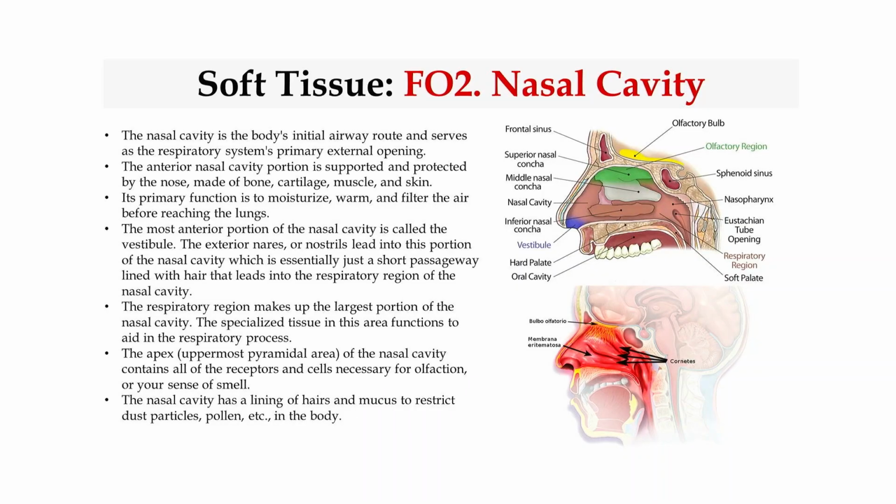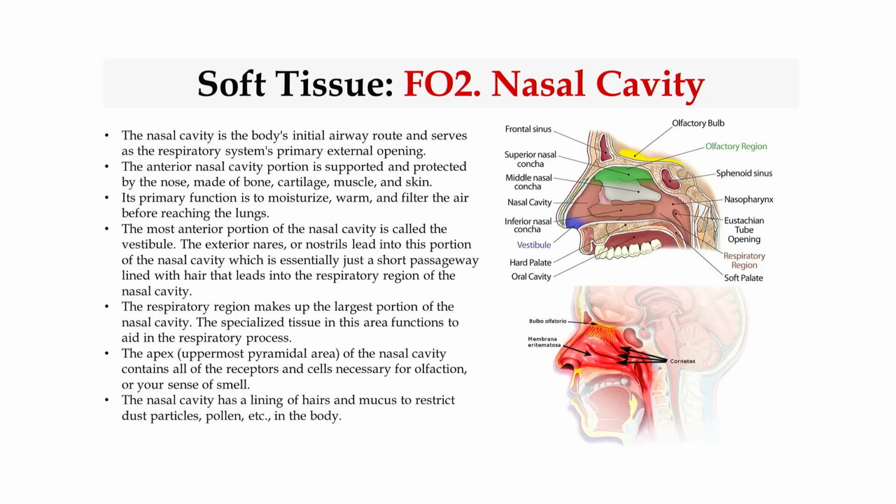There are three other important aspects, known as bulbo olfactorio in the top of the nose, membrana eritomatosa, and then you have cornetes on the back side. So these are the different soft tissues which are of primary importance besides the other tissues which I have just explained, right?